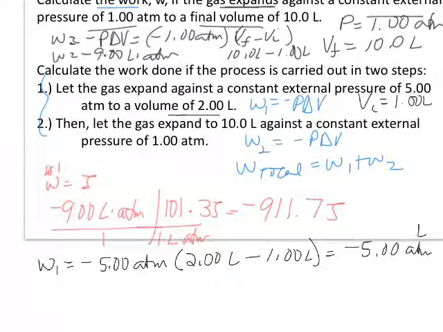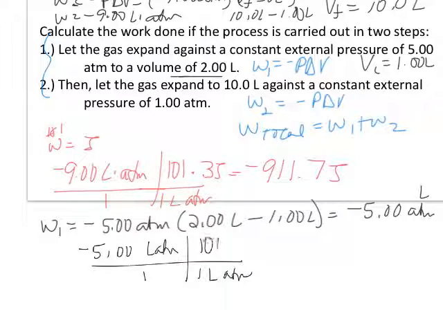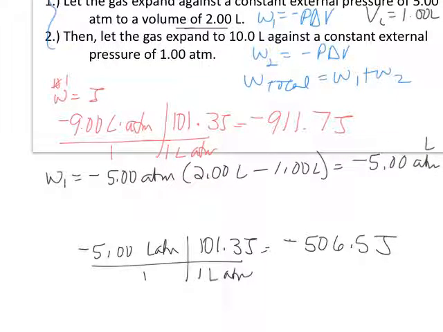And then the proper unit people like to speak for work is in joules. We need to convert that liter atmosphere using the conversion 1 liter atmosphere equals 101.3 joules. And that should work out to be negative 506.5 joules for work 1. Now work number 2.